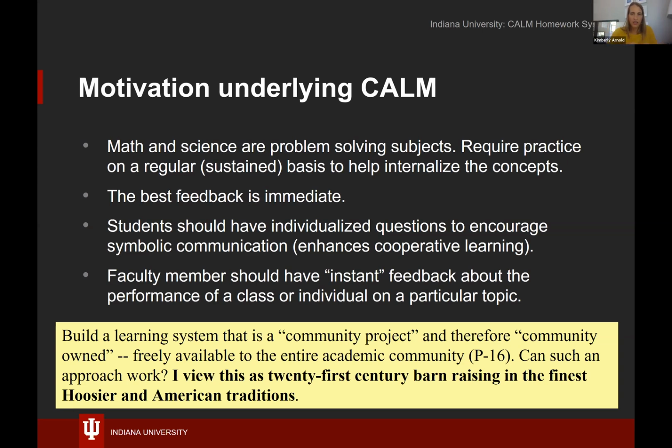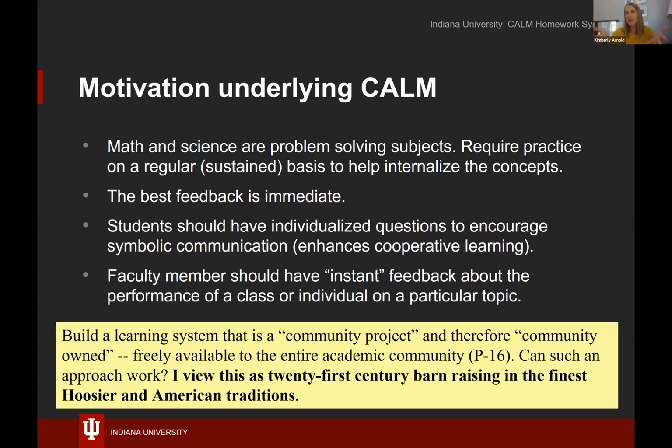All right, so the thing in yellow here is a quote from Romaldo. This is his community project. It is community owned and freely available for everybody. Okay, so P through 16. I thought this was kind of funny. 21st century barn raising in the finest Hoosier American traditions.